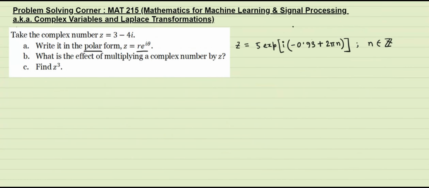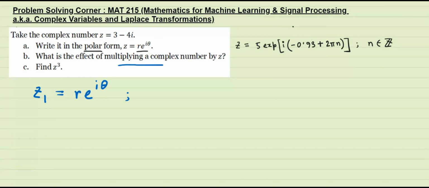In the second part of the problem, we ask what is the effect of multiplying a complex number by z. So let us take another complex number, z1, written as r times e to the power i theta. The reason I'm writing in this form is because it's easier to multiply two complex numbers if they're written in polar form.